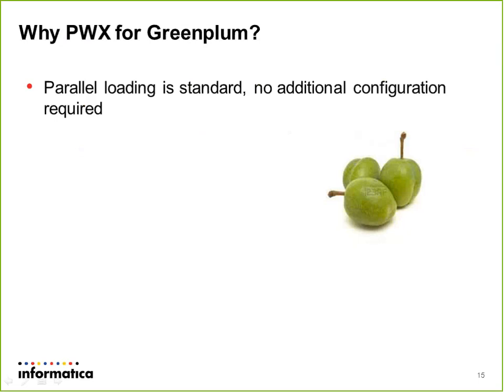We achieve parallel loading using the Greenplum loader, which is gpload and gpfdist provided with Greenplum, and also the external table features. Our adapter connects through ODBC and loads the data using gpload with consistent data, and also allows us to connect to various sources which can be loaded into the Greenplum database.